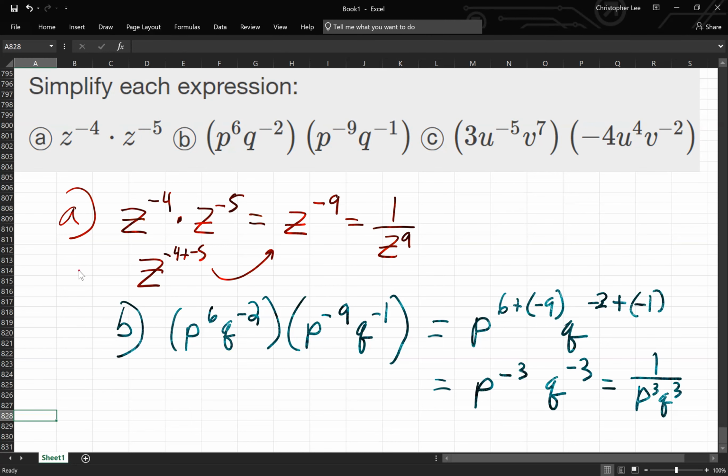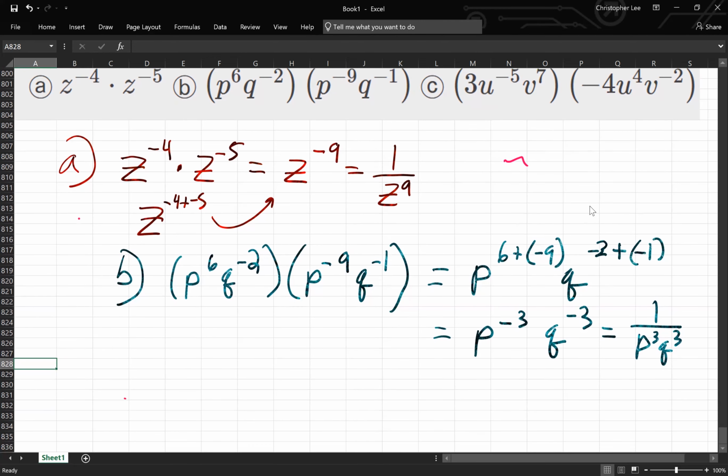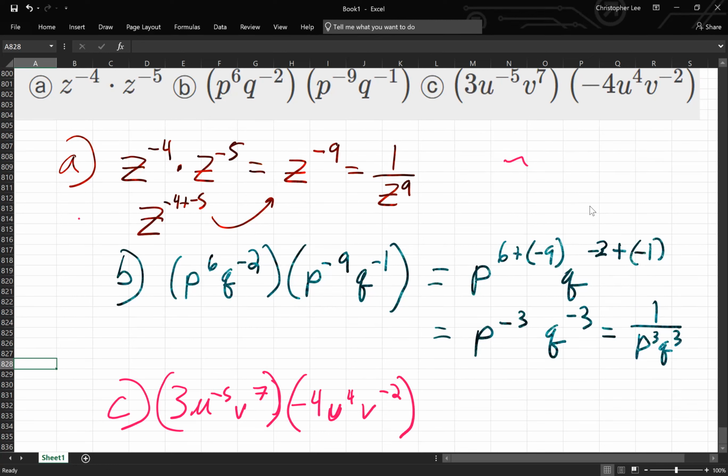How about C? So what do I have? I have 3 u to the negative 5 v to the 7 times negative 4 u to the 4 v to the negative 2 power.